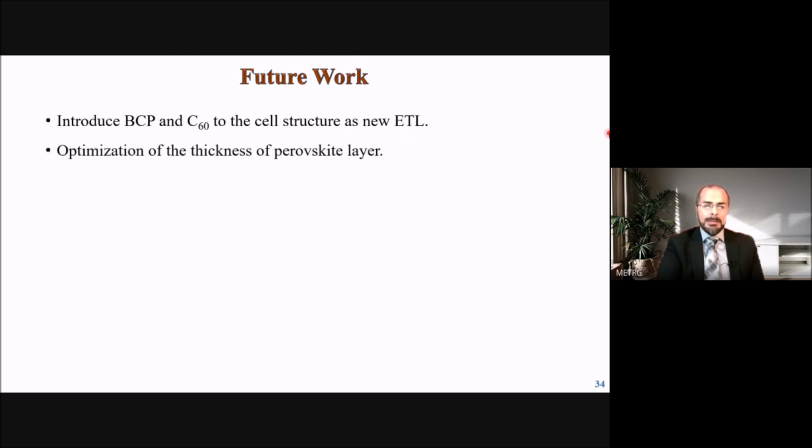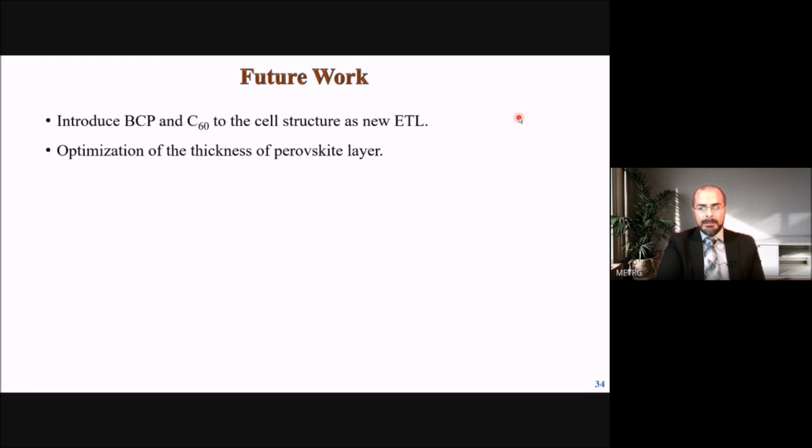Also, through my experiment, I noticed that the thickness of the perovskite layer matters a lot. So I would recommend somebody take the lead and change the thickness, maybe increase the thickness of the perovskite. The perovskite that I worked on has a thickness of about 100 nanometers.